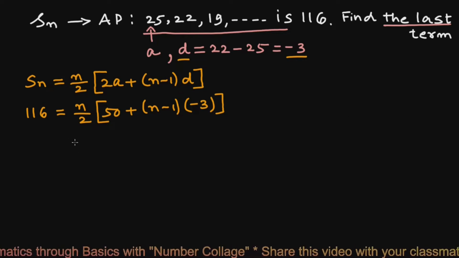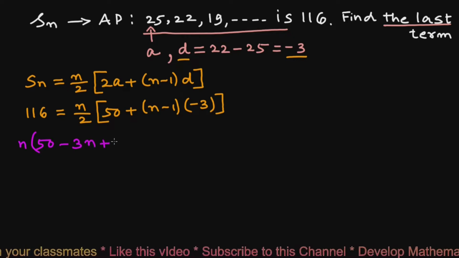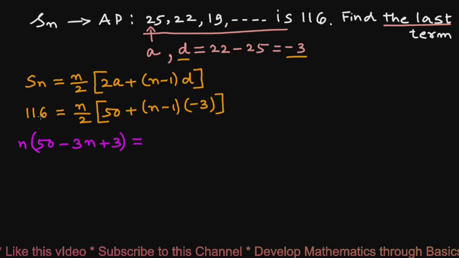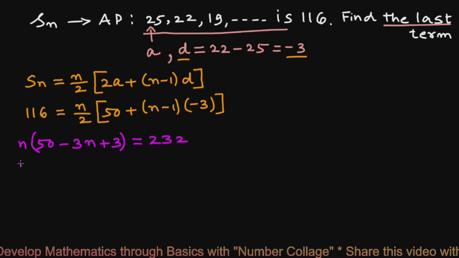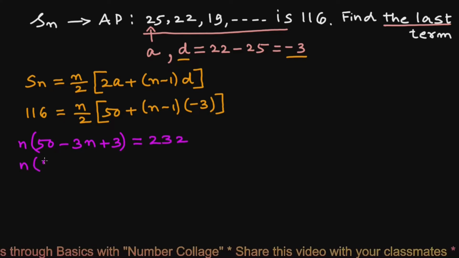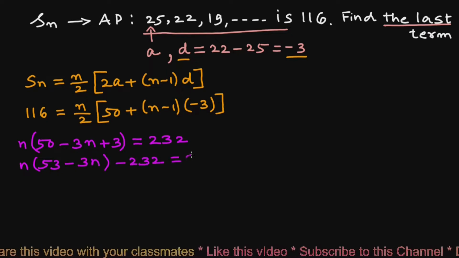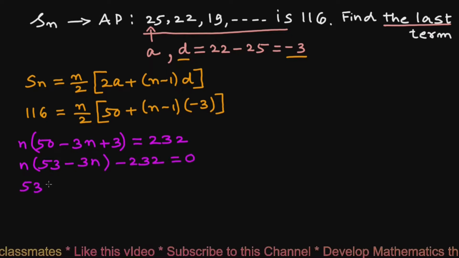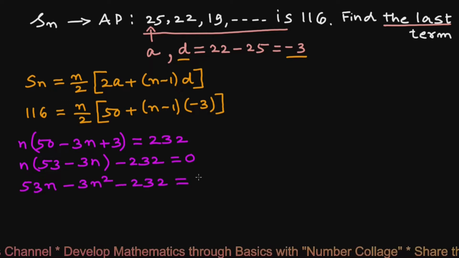So it will be n times 50 minus 3n plus 3 equals 116 multiplied by 2, 232. This will be n multiplied by 53 minus 3n minus 232 equals 0. 53n minus 3n square minus 232 equals 0.